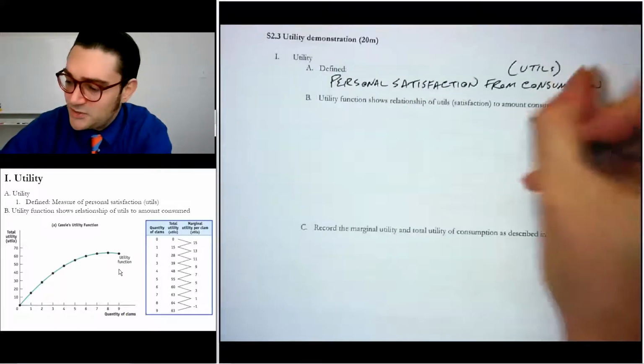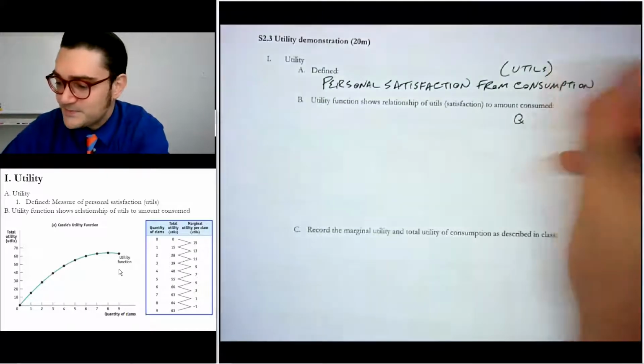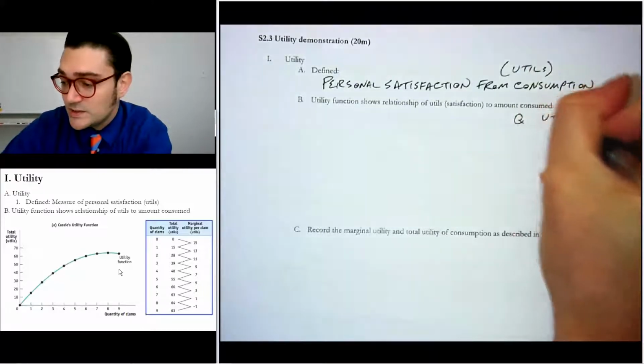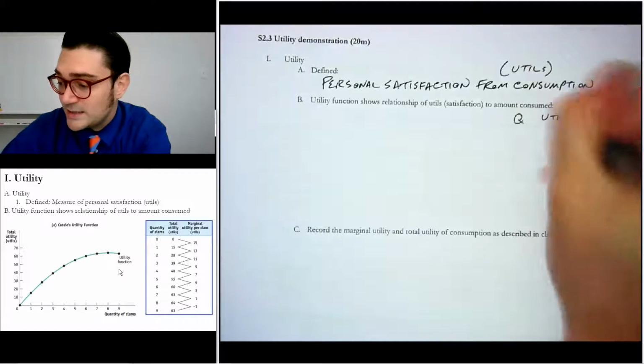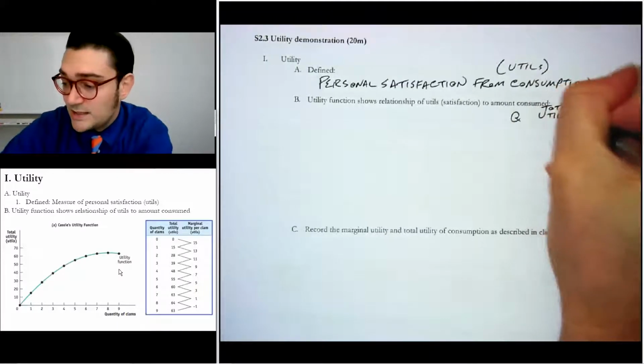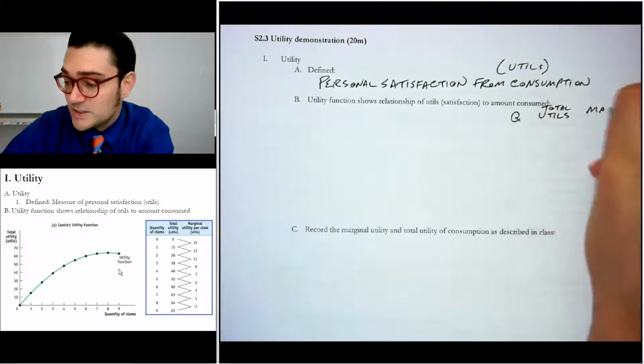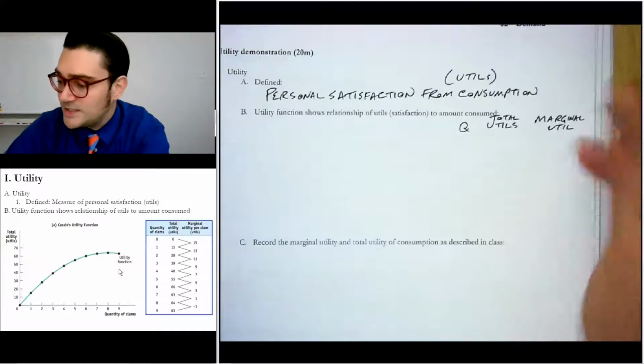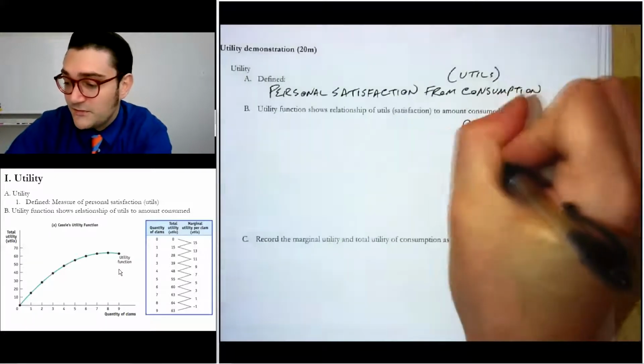So we'll do a quick table with quantity of donuts, then total utils, and then marginal utils. Marginal is a word we haven't used very much in this class, but it just means additional. So the additional utils from each unit.